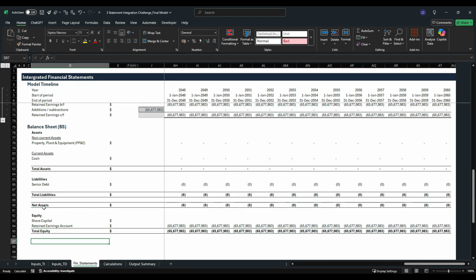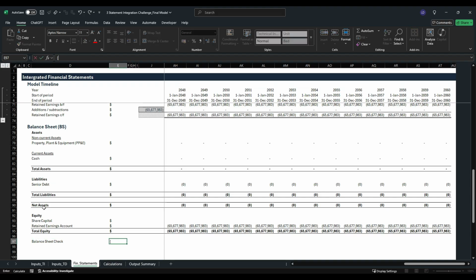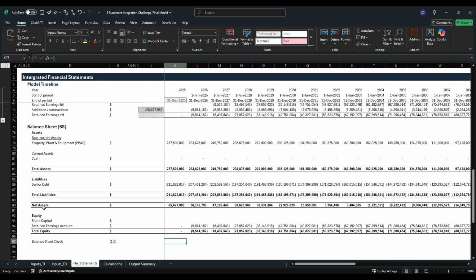And we haven't yet modeled our share capital, so we wouldn't expect our balance sheet to balance yet. But let's nonetheless model our balance sheet check down here. This is going to be the ultimate test to see whether we have made a mistake along the way. And this will be a simple flag again.